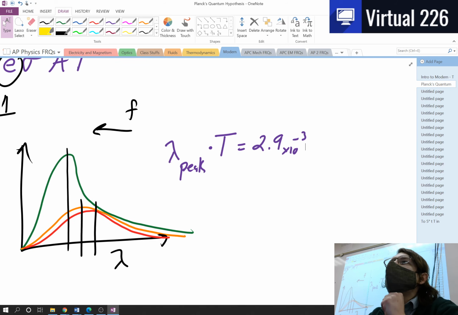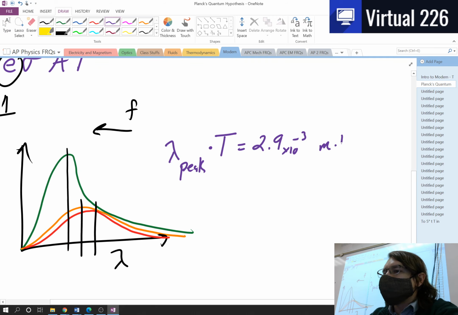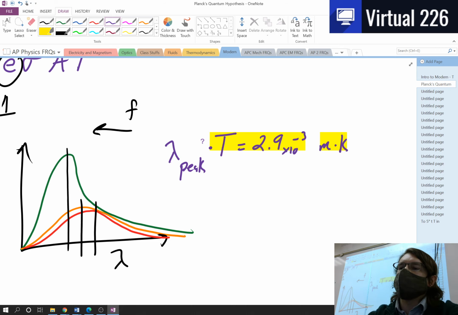This is meters Kelvin. Not millikelvin, meters Kelvin. Which simply means if you know the temperature of a star, 2.9 times 10 to the minus 3 divided by that temperature in Kelvin gives you the peak wavelength. This is an approximation, but it's a very good approximation for blackbody radiators.